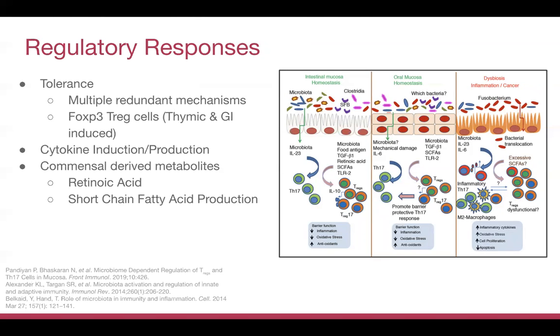So for tolerance in our GI, the FOXP3 Treg cells, these suppressor cells like the NF-kappa B, maintain peripheral and mucosal homeostasis by sensing microbial products and metabolites. Disruption of this homeostasis results in a loss of oral tolerance and development of abnormal immune responses in the gut. The dendritic cells, those antigen-presenting cells in the gut, produce factors like vitamin A metabolite retinoic acid for induction of these Treg cells.